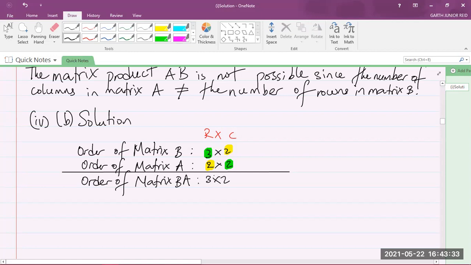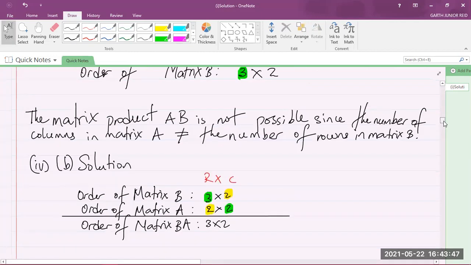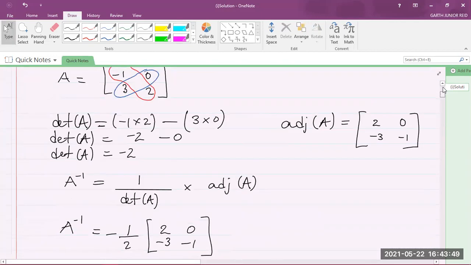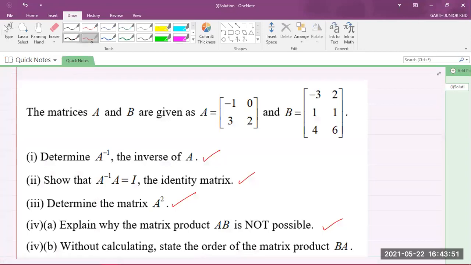Those two numbers in the green, 3 by 2. So the order of that matrix is 3 by 2, which means that it has 3 rows and 2 columns. And that is the solution to that part of the question. And we are now finished with this past paper question from the January 2018 paper 2.